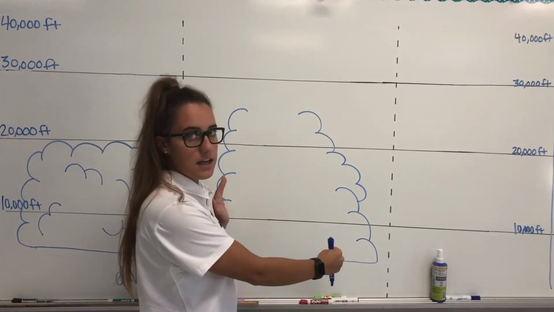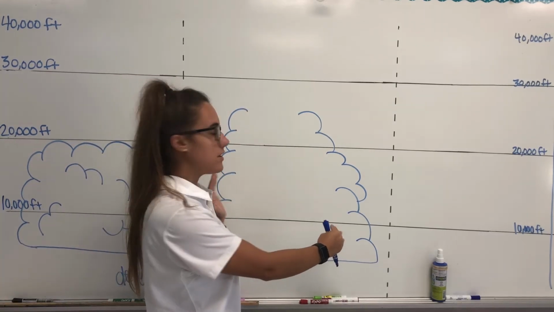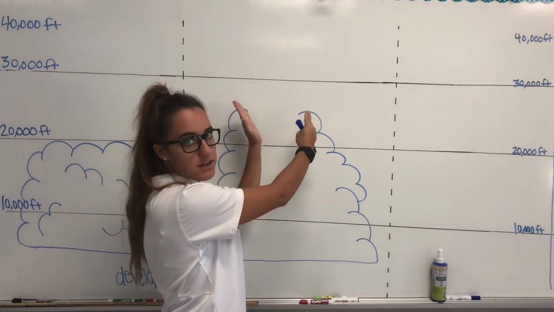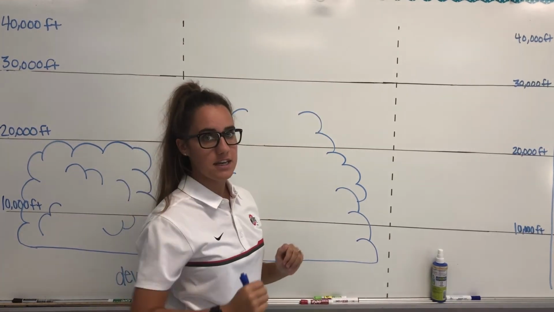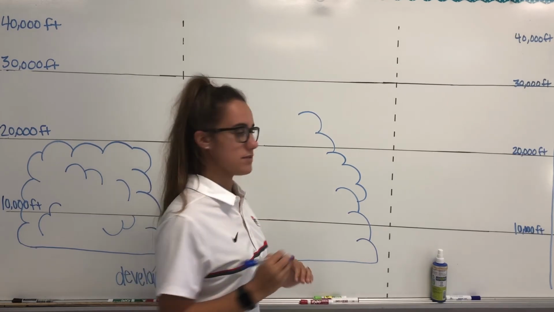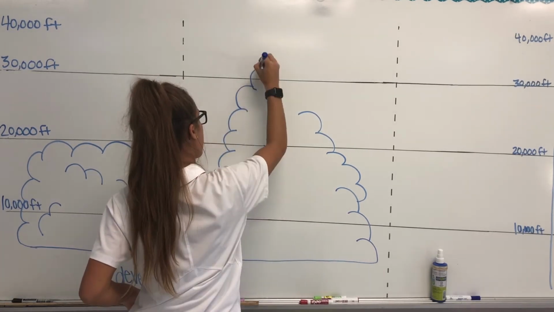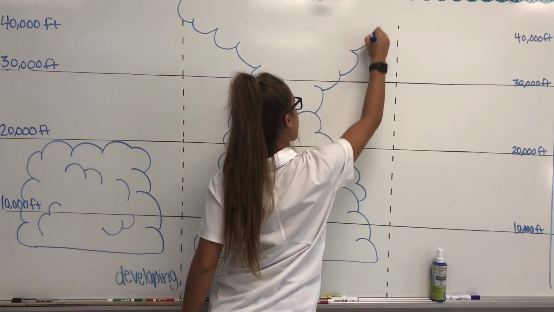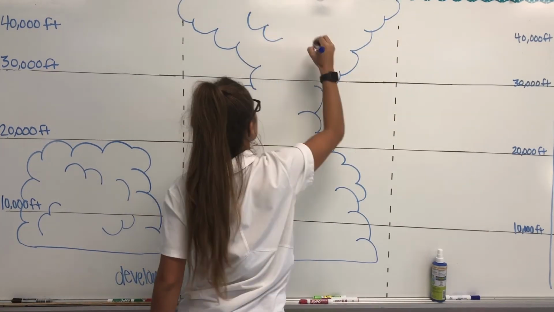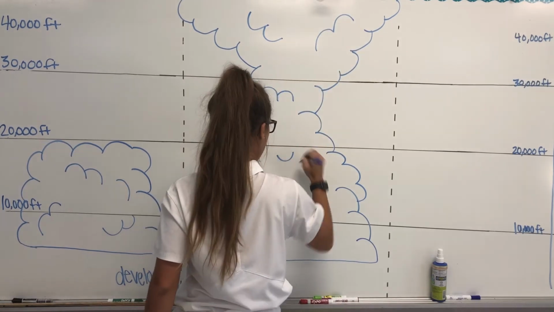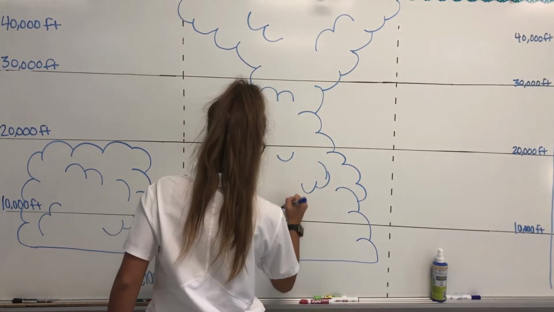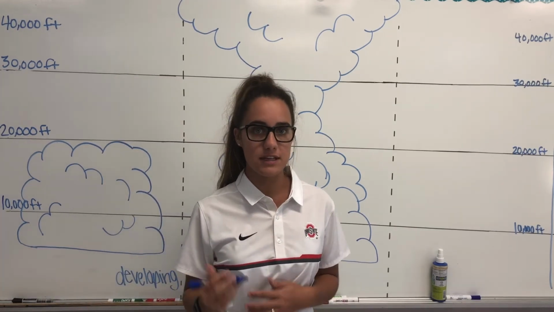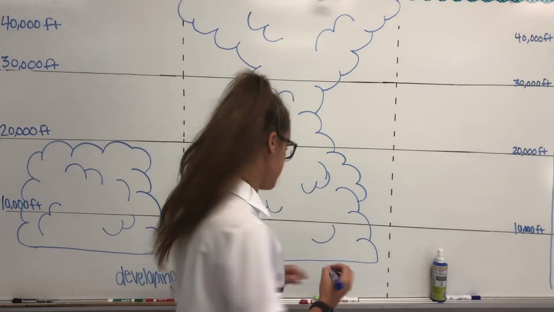You'll see that this cumulonimbus cloud starts to make an anvil shape, which means it comes in the middle and then starts to spread out once it gets to those higher altitude levels. Okay, so you can go ahead and label this stage as the mature stage.